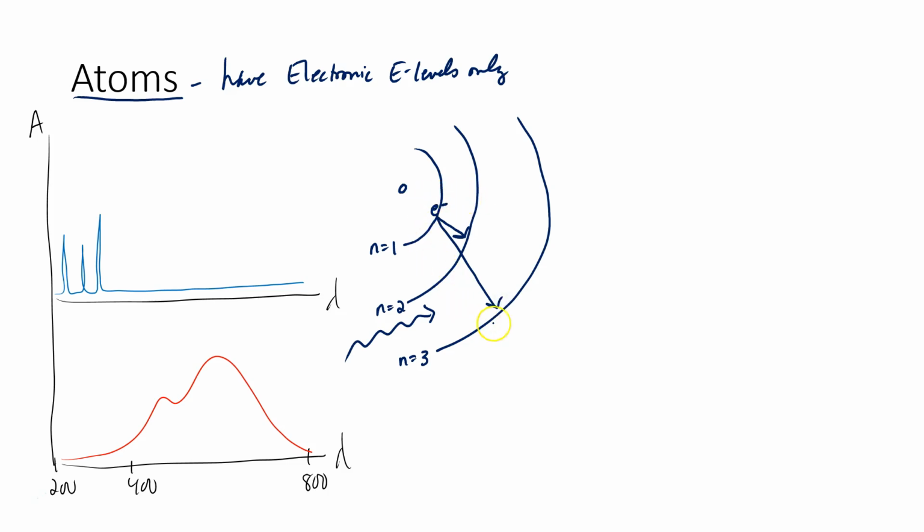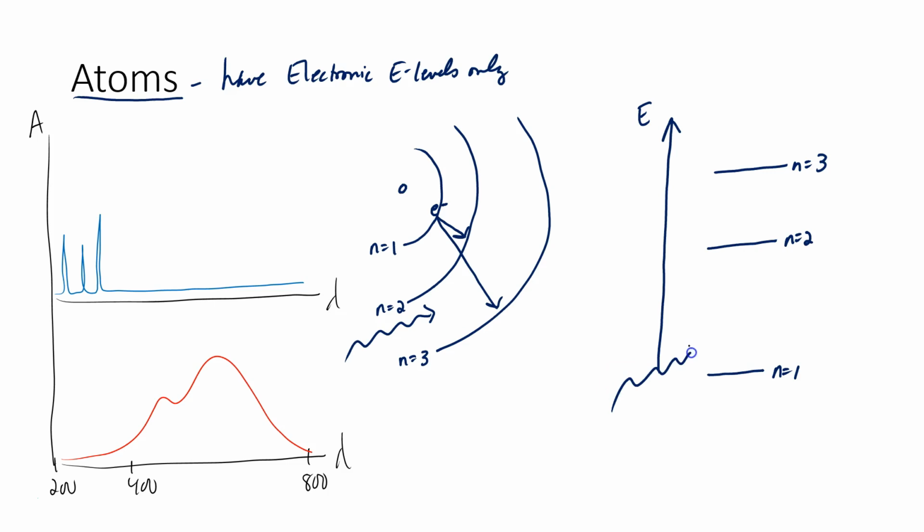Another way to represent this process is to show the electrons moving up in energy, because these shells further away from the nucleus are higher in energy. So we need to make an energy level diagram. At the lowest energy, there's our first shell. There's our second shell, there's our third shell.